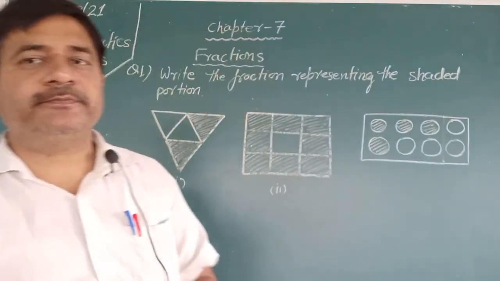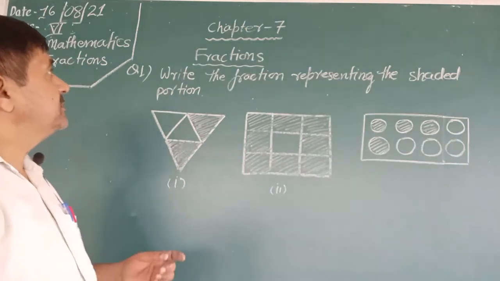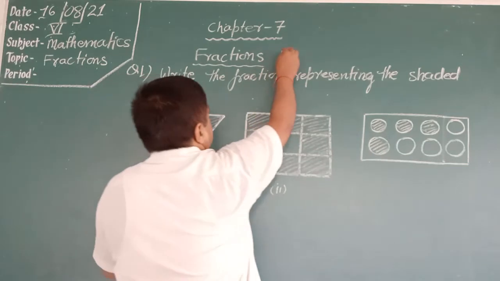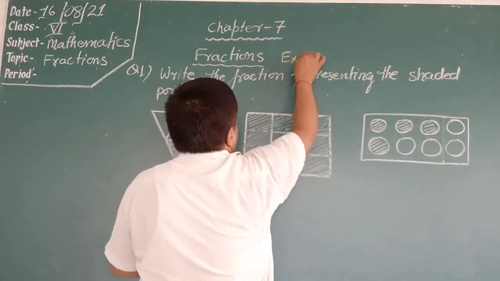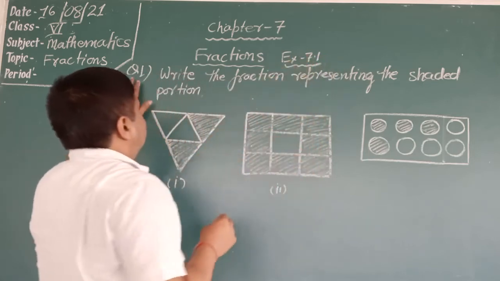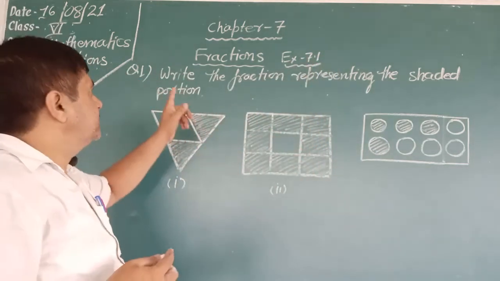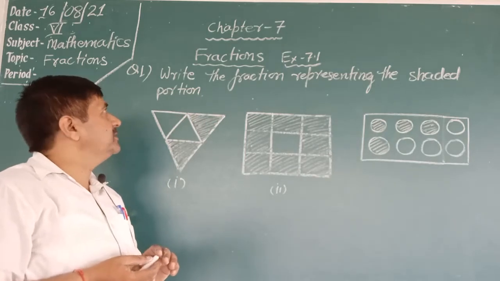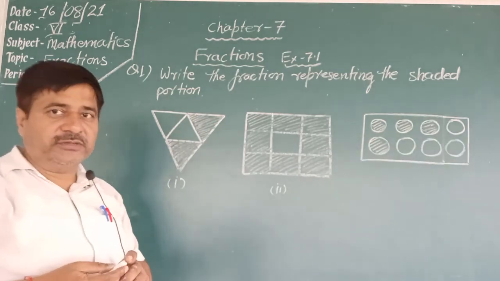Now students, exercise 7.1. In exercise 7.1, question 1 says: write the fraction representing the shaded portion.